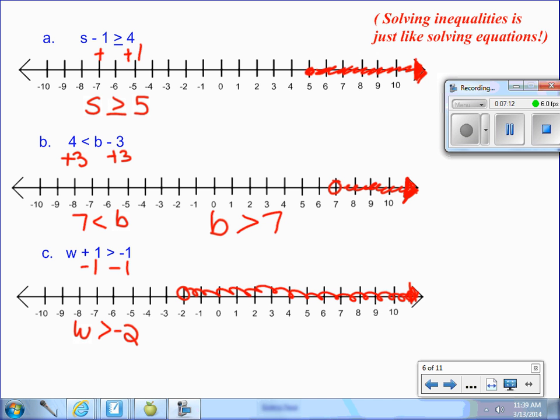Notice on B, initially we had 7 as less than B, but in order to help us graph it, we changed the inequality so that the variable is first. So you have B is greater than 7, and that helps you to be sure you're graphing it correctly. On these examples, be sure that you check to make sure if it's going to be an open circle or a closed circle.